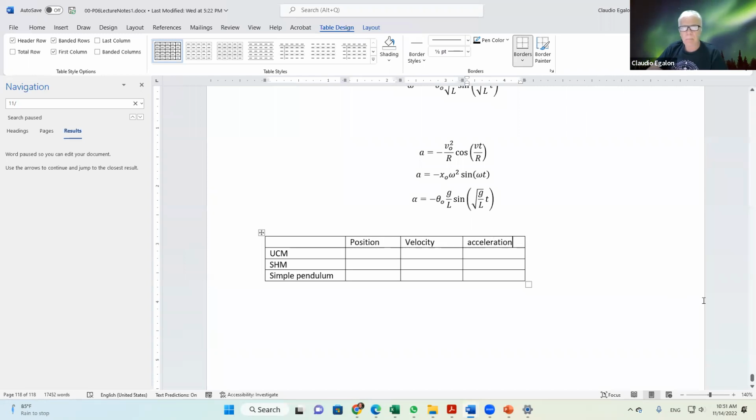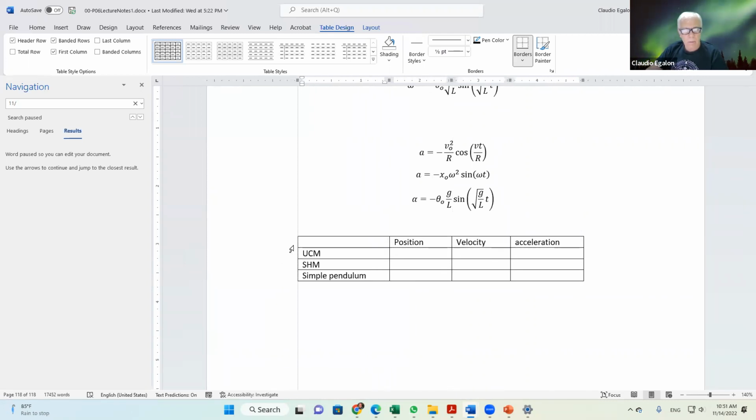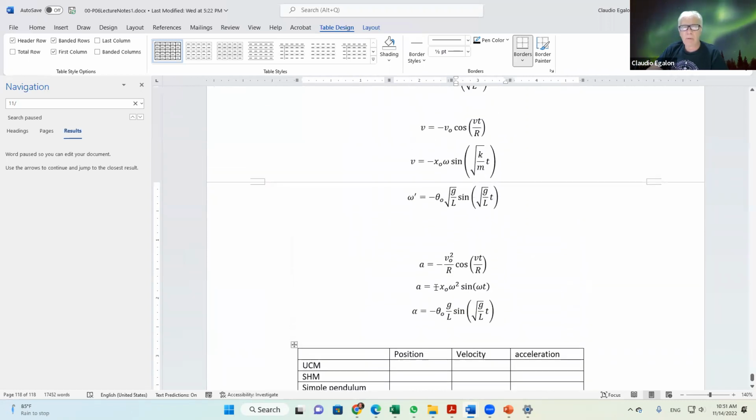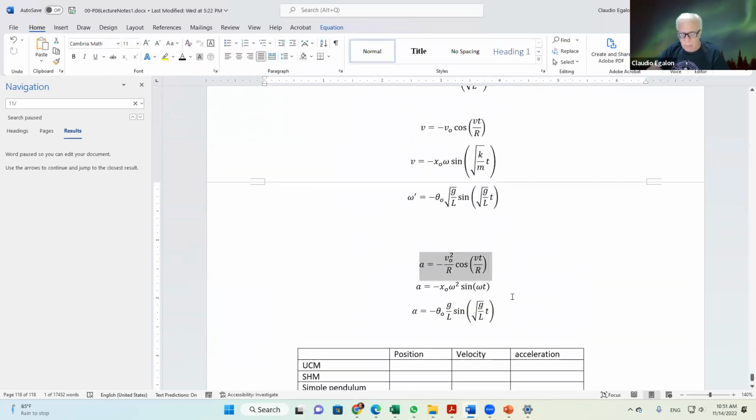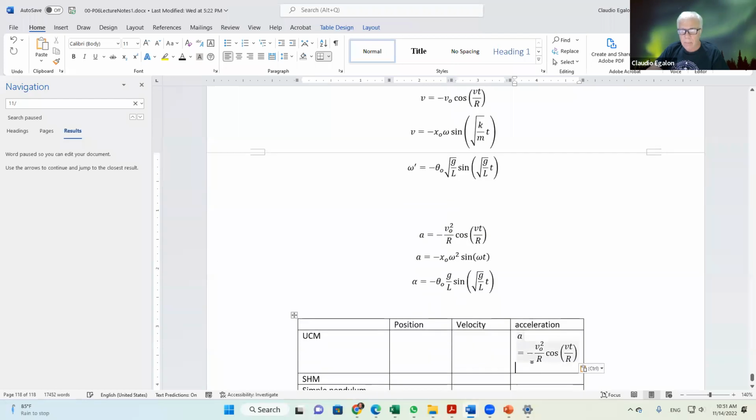So I'm going to put all those equations here in table format. UCM is for uniform circular motion, right? Here you go, acceleration.